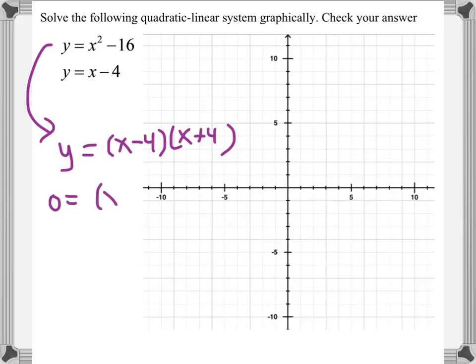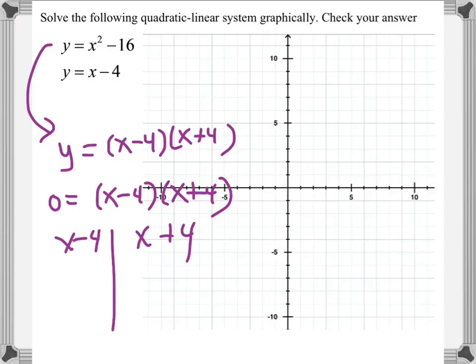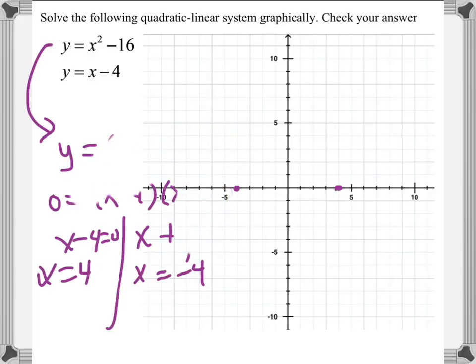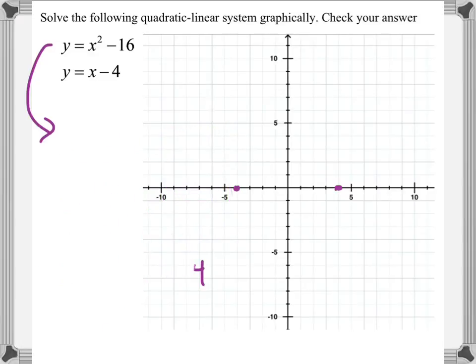If I set that equal to 0, I would find that x is equal to 4 is a root, and x is equal to negative 4 is a root. Okay, so I want to plot 4 and negative 4. Negative 4 right here. All right, so that's where it goes through the x-intercepts.